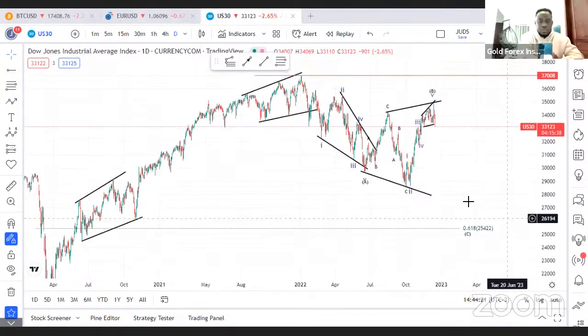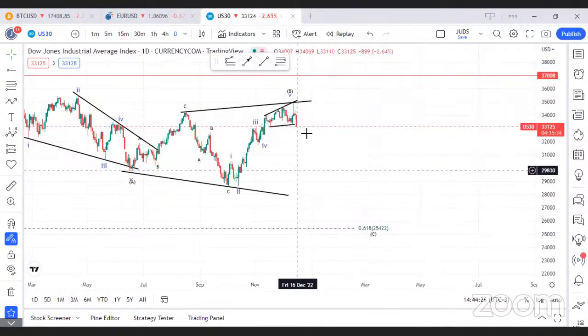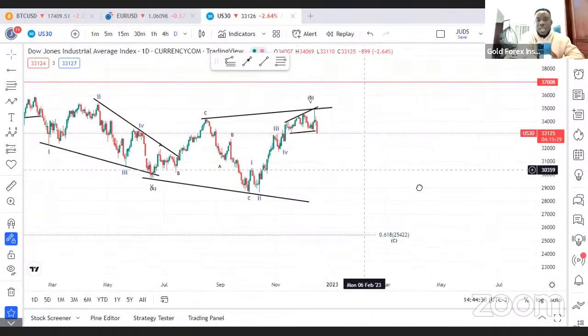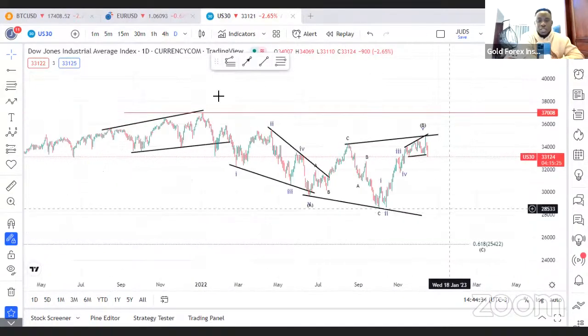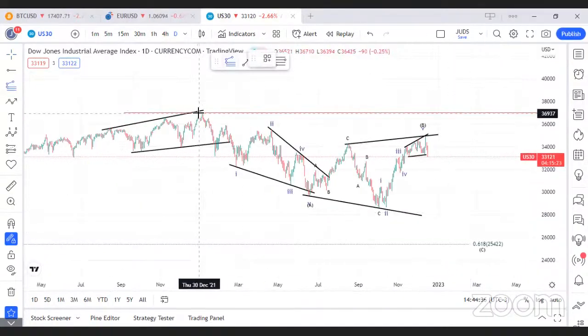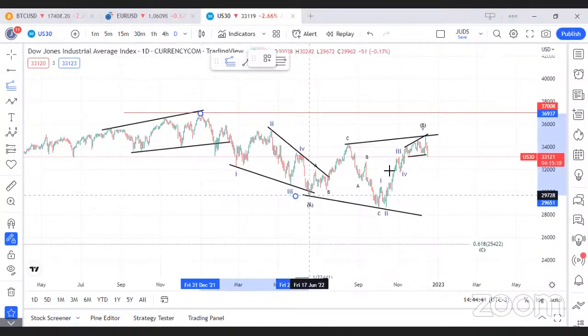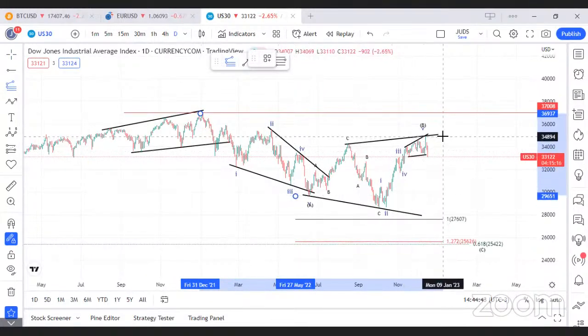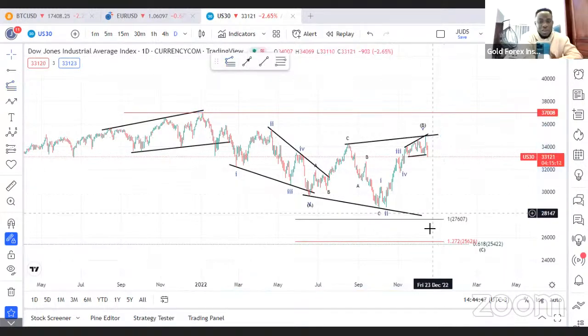Okay, and so now we are just waiting for an impulse. I'm expecting a 1.0 Fibonacci extension, so that it will make up the same move from here to here. Let me measure it and see. Yeah, kind of. I don't know if it will come. So it's around the 61.8.